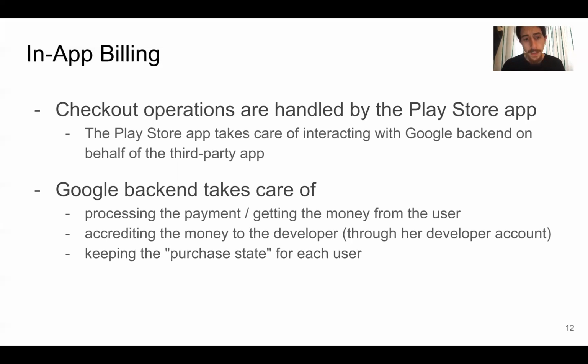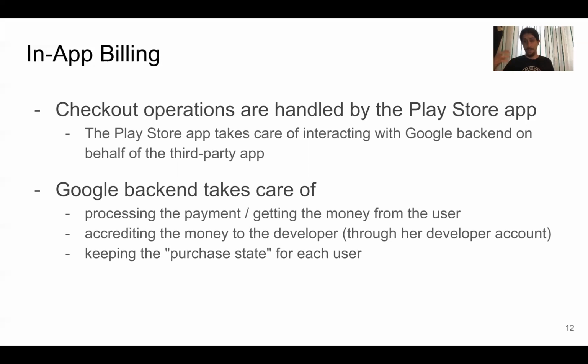The Play Store also keeps track of the purchase state for each user. So if the user changes phone or loads the application again, as long as the user is logged in with the same Google account, there is no loss of information. And so the app can query the Google Play Store backend like, hey, is this user already in possession of this specific item?